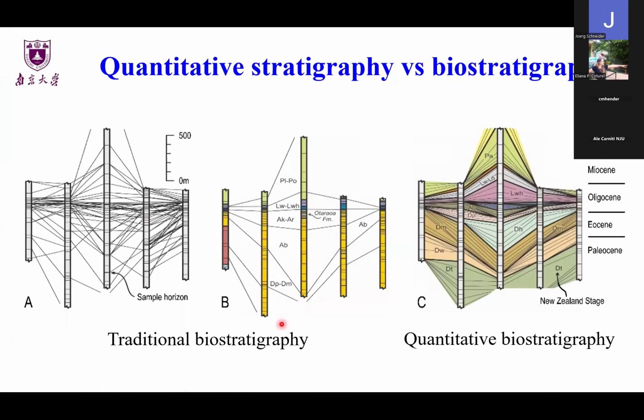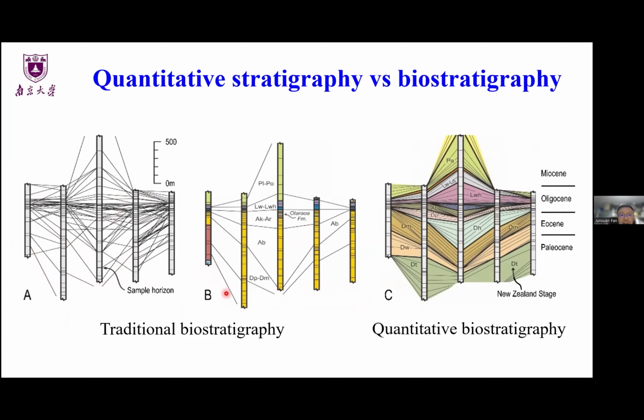In traditional biostratigraphic work, we try to find those taxa that have a consistent occurrence through the study area. For example, this is the raw data. We have hundreds of taxa in those data sets, and we try to find maybe about 5 to 10 species that show consistency through these study sections. If we link them together, they don't mess up with each other.